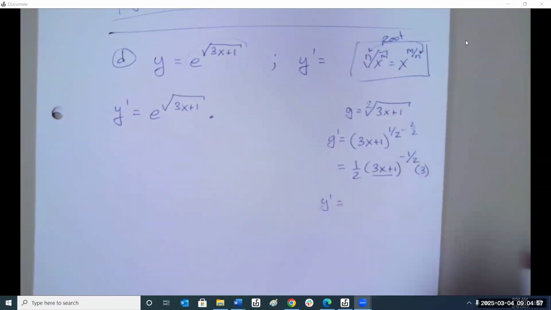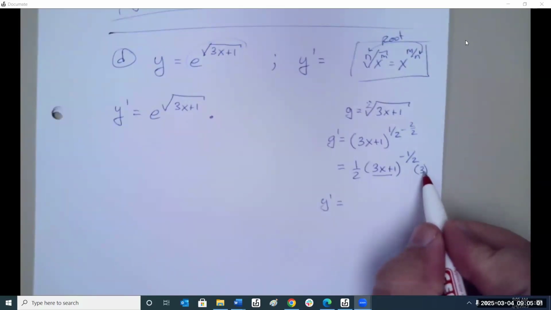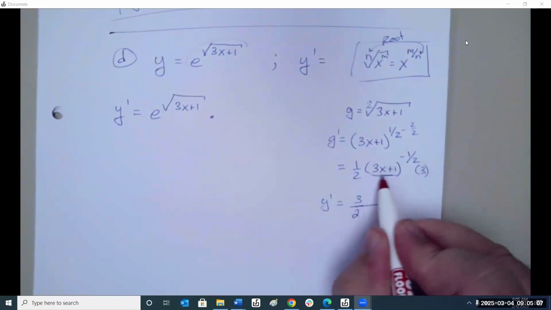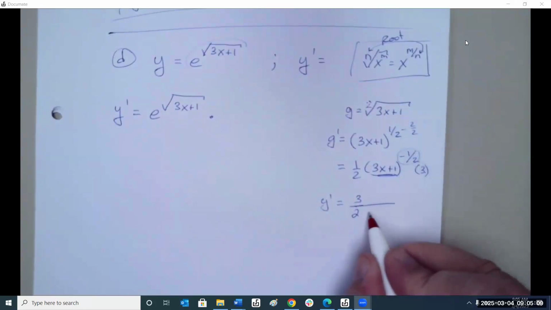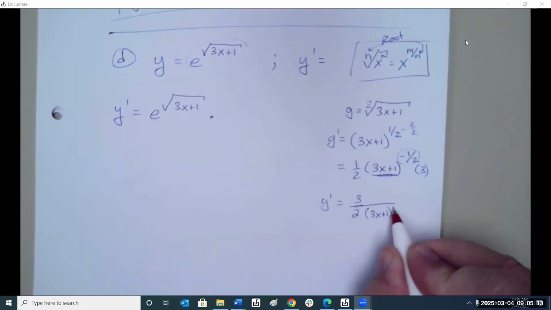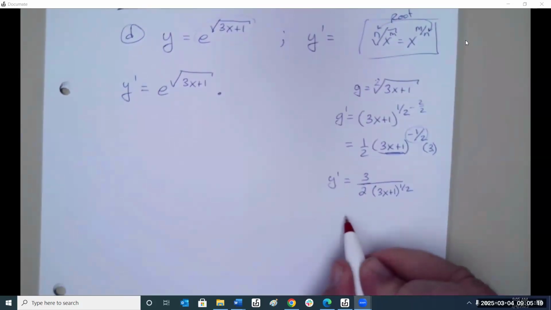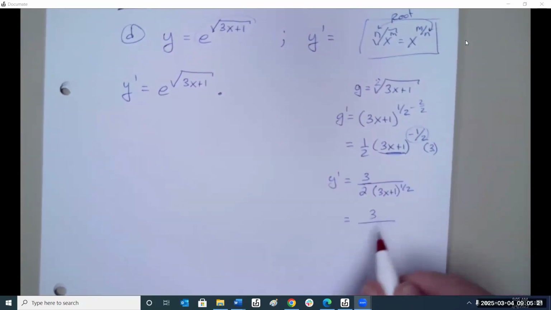So our derivative, the 3's on top, over 2. And this has a negative exponent. So it's 3x plus 1 to the power 1/2, positive, which means it's a square root.